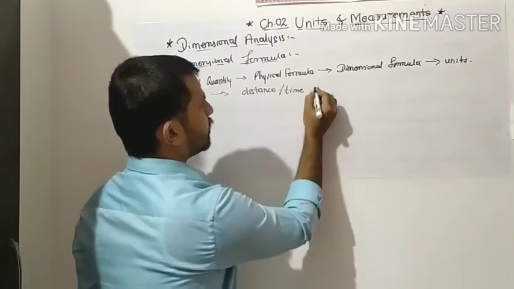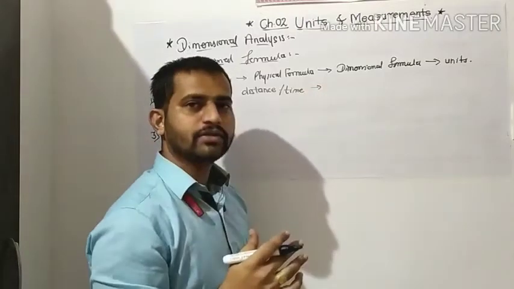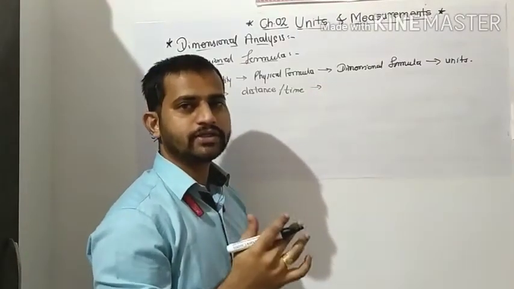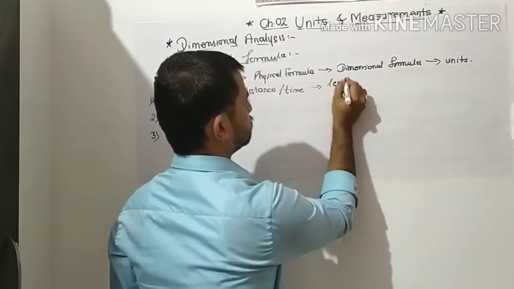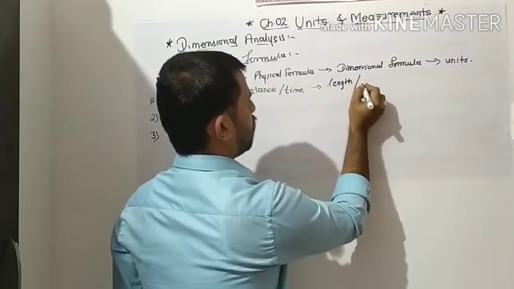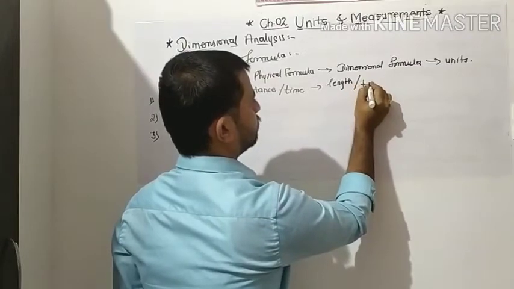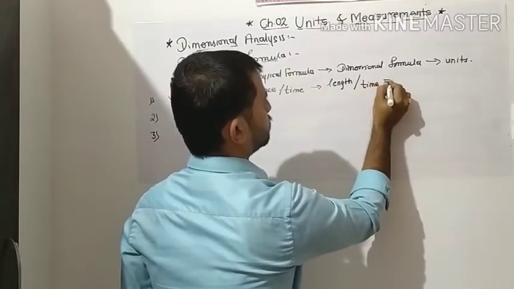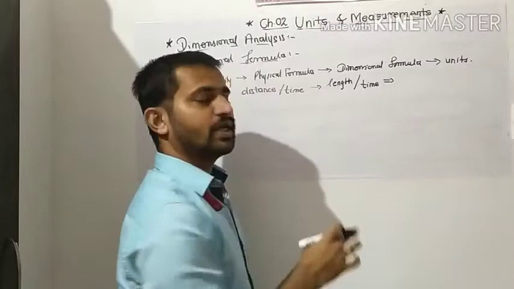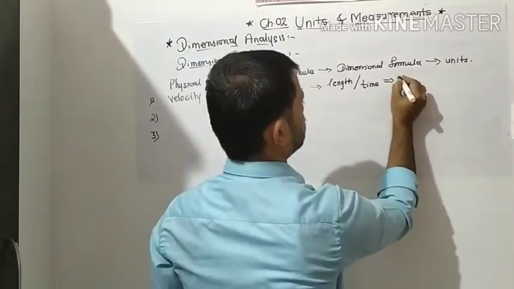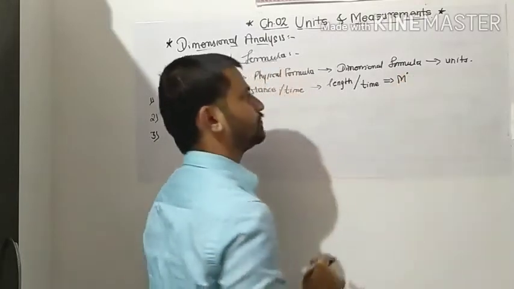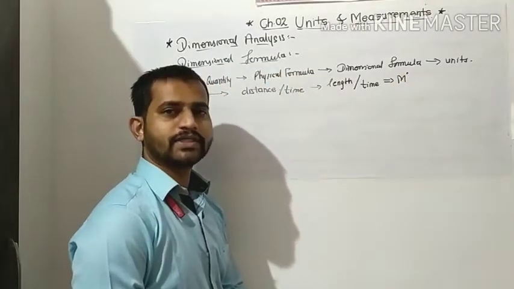What is the basic quantity behind the distance? It is the length. So we can write it as length upon time. That is, in terms of M raised to 0, because mass is not present here.